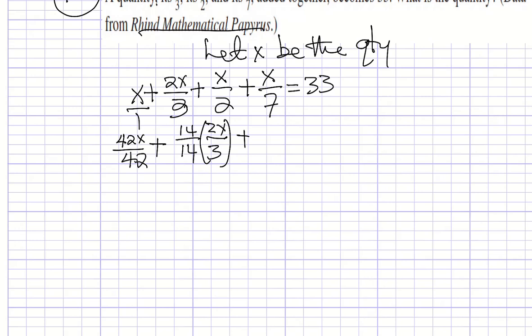And here we do 21 over 21, x over 2. You see right here we do, 7 into 42 is 6. We do 6 over 6, x over 7 equals 33.